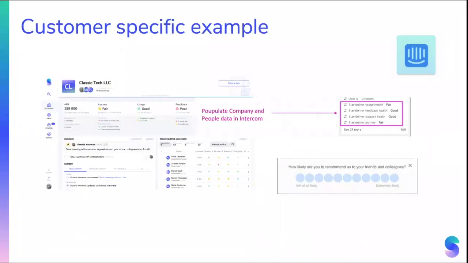Another example, which I think is quite important, is that if you have a customer with big issues, you should not send a survey to them. It's a very simple example, but if you have a lot of customers, it's hard to identify them unless you work with this data. If they have bad usage and are struggling in some way, you should probably not send an NPS to them. It's not the right time.